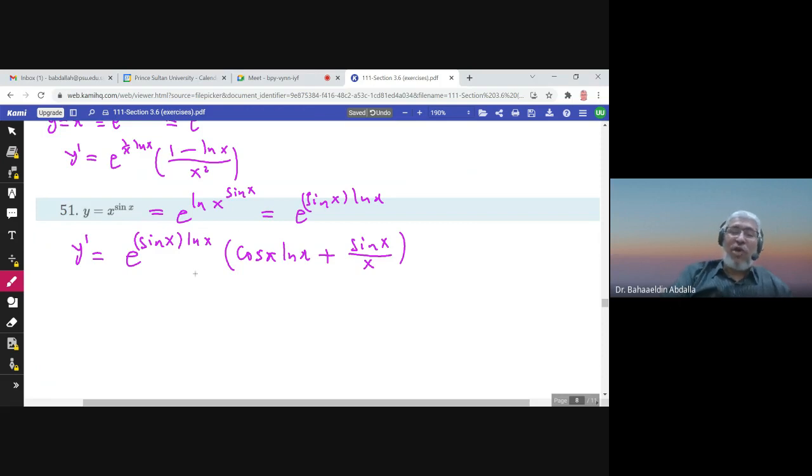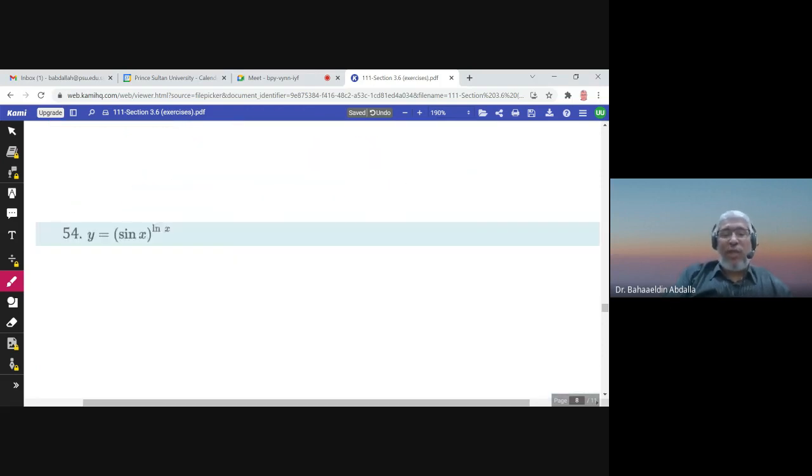Or you can use logarithmic differentiation. Let me use logarithmic differentiation here. So ln y would be equal to ln of sine x to the power ln x. And now you bring ln x outside times ln sine x. Note now that this is a product, not a composition.